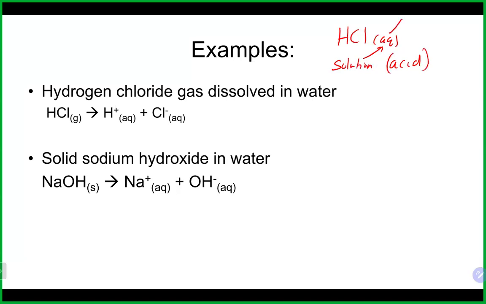Most acids will have the aqueous symbol written next to them, and that's how you know you're talking about hydrochloric acid versus hydrogen chloride gas, which is what this would be. So you will often see acids with that little aqueous symbol next to them to indicate that it is the acid version and not the gas version.